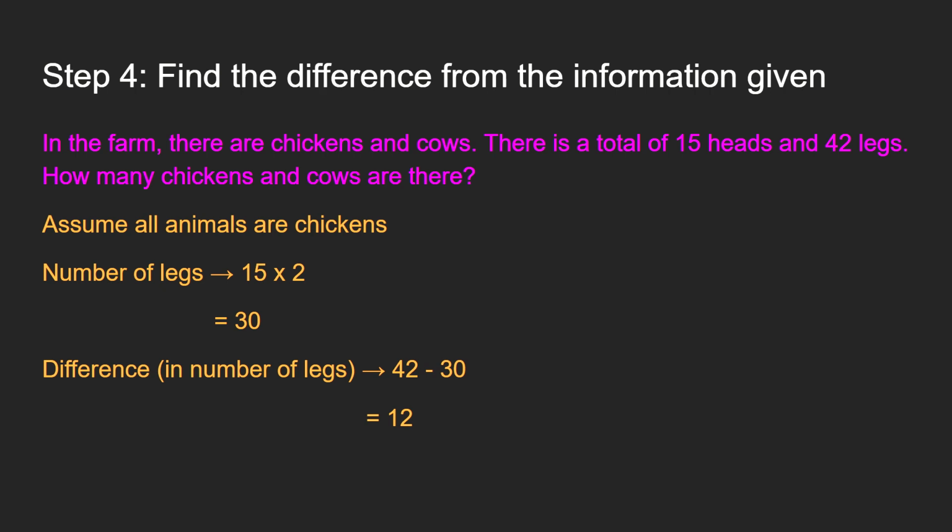After that, we can find the difference from the information given, which is our gap, which I'll also explain later. So the question asks for 42 legs, but if you have 15 chickens, you only get 30 legs. So there's a shortage. We find this shortage, which is the difference. So 42 legs minus 30, which is 12.